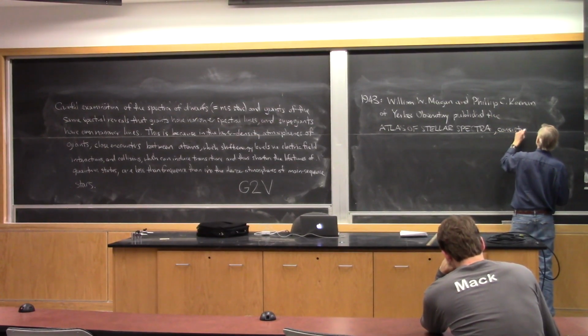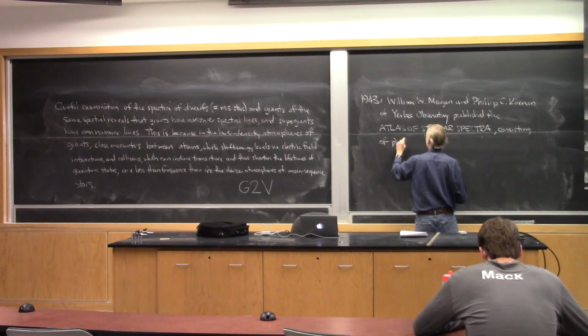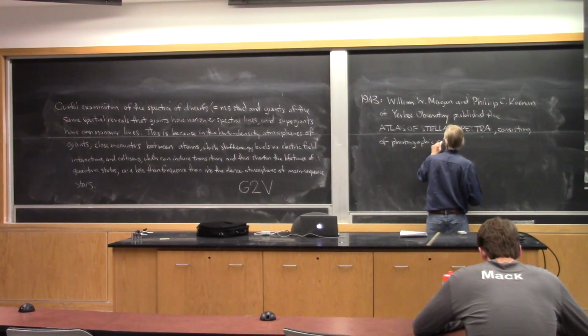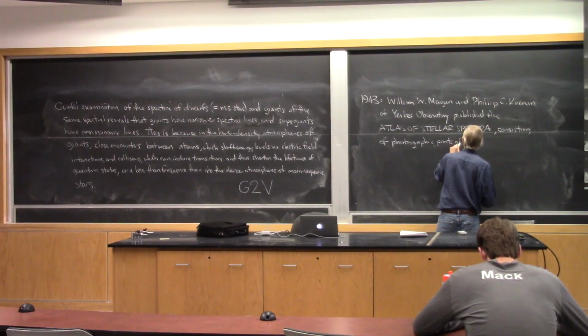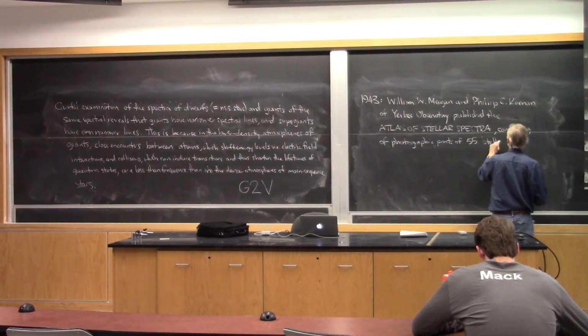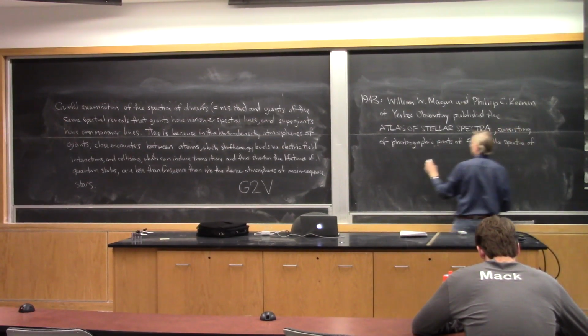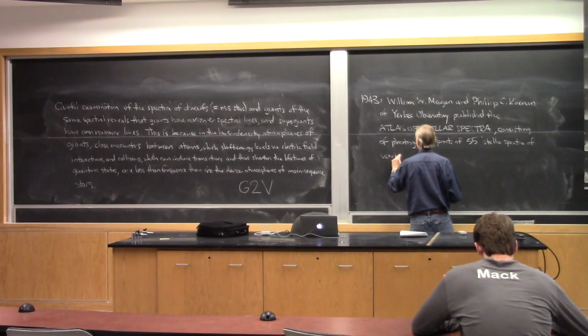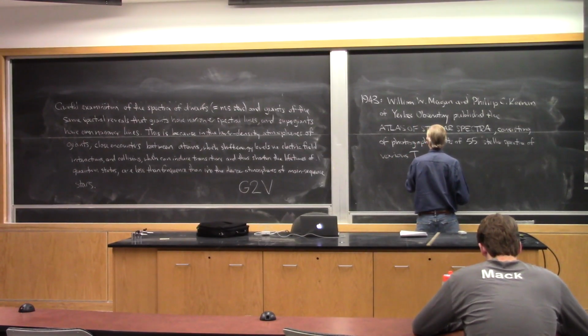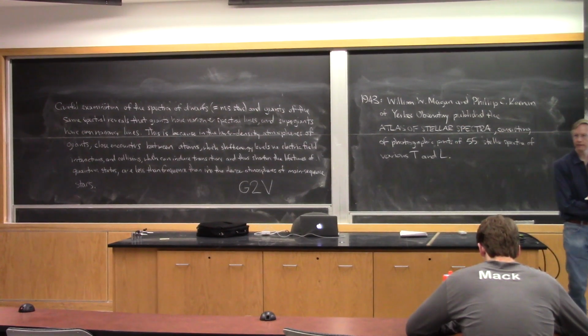Consisting of photographic prints of 55 stellar spectra of various temperatures and luminosities, which I'll abbreviate as T and L. You'll know T is temperature and L is luminosity, right?